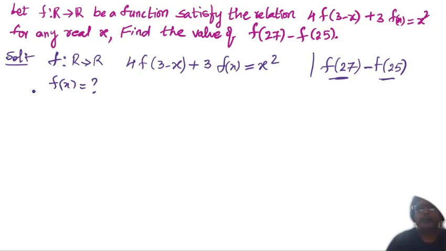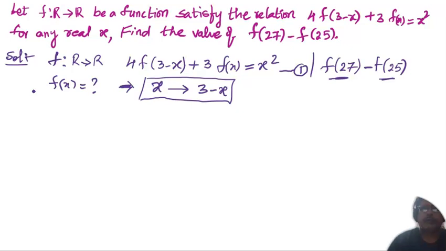So let the given equation be equation 1. Now what you have to do here, this is the main task: in the place of x, replace 3 minus x. This is the main logic here.